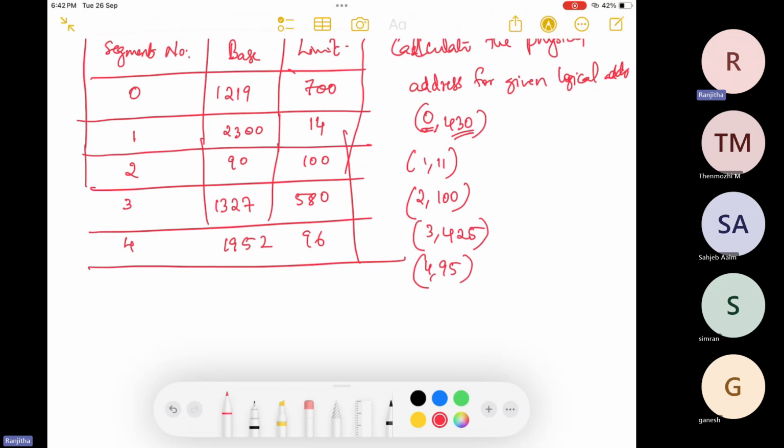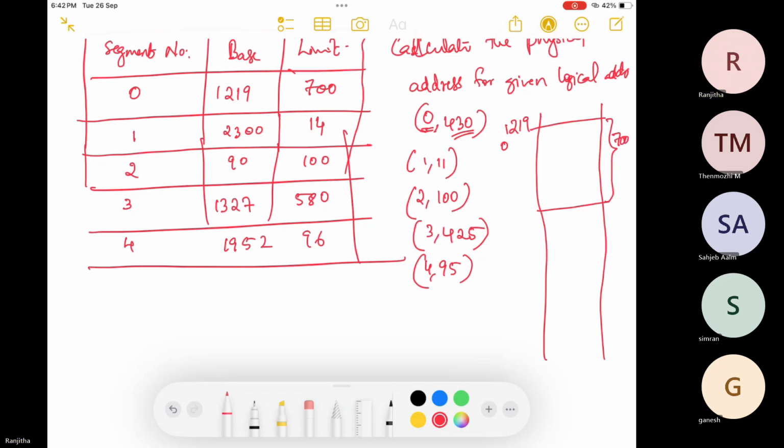If you see this as the physical memory, there is this 1219, this is segment 0, which starts at 1219, and its whole length or the limit is 700. Now another thing: 2300 is the starting address for segment 1, and its whole length is only 14. This is segment 1. Okay, so this is how it will be in the memory.